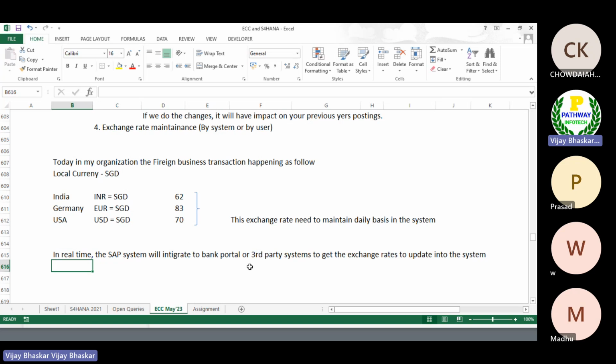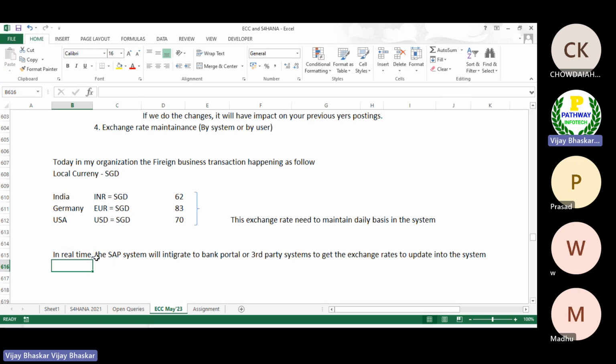Then there could be two chances. It depends on your organization requirement, how you want to integrate. You need to think about that one. But now the SAP will be closely integrated to this system.